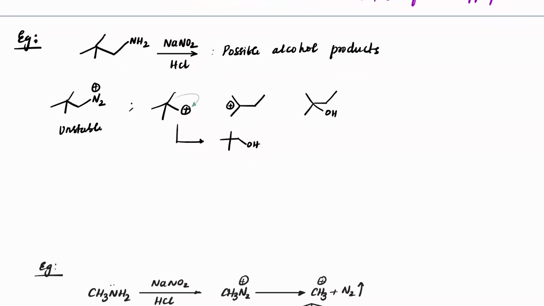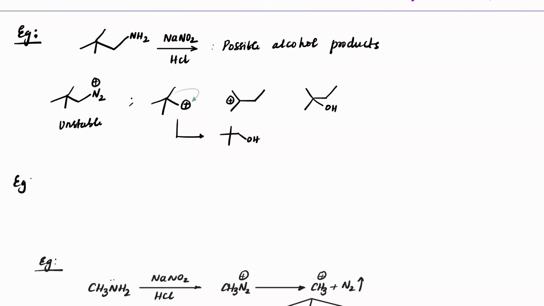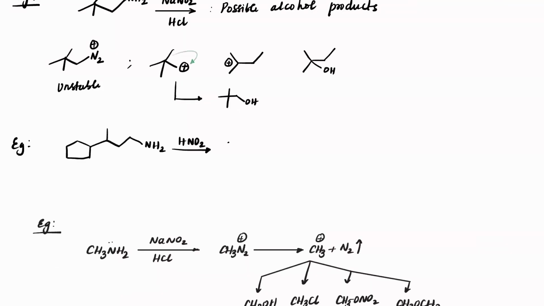Got it? Likewise, suppose I have a 5-membered ring like this, correct? And I have an NH2 group here, and then I'm reacting that with HNO2. So again, in a similar way, what do I do? First, you know that we can make a diazonium form which is highly unstable.